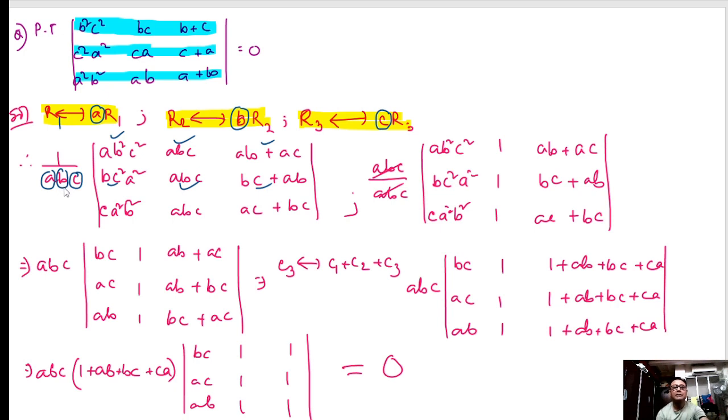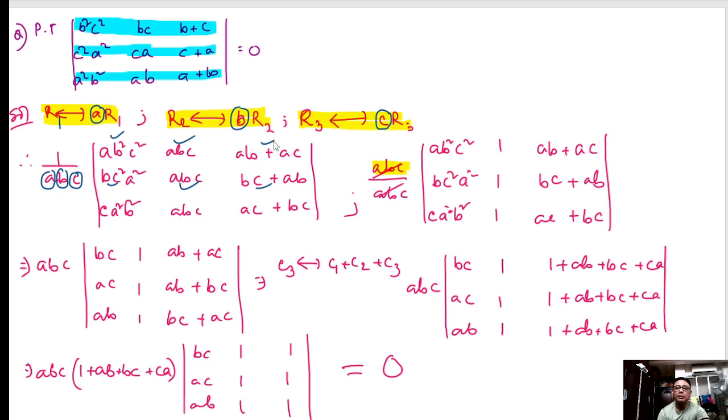Now, as you can see here, ABC becomes common in the second column, so it comes out, and this becomes 1, 1, 1. Now this ABC and ABC will cut. Now what we are trying to perform here, please watch from here.